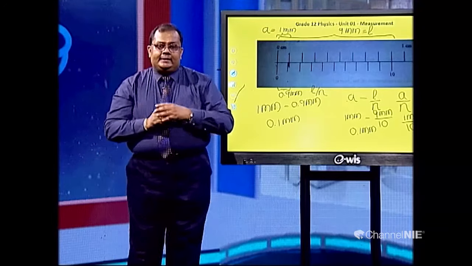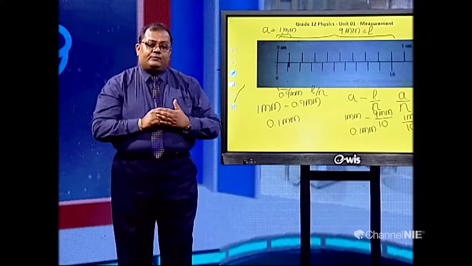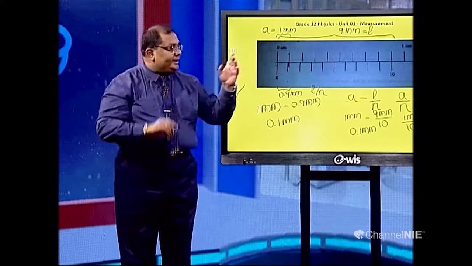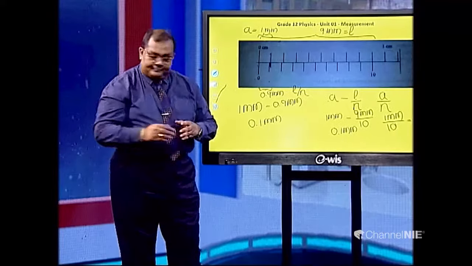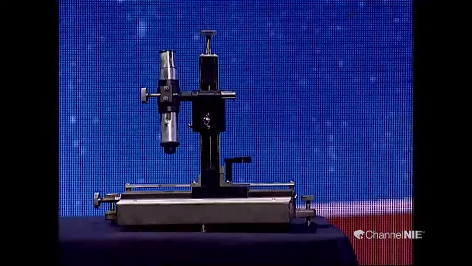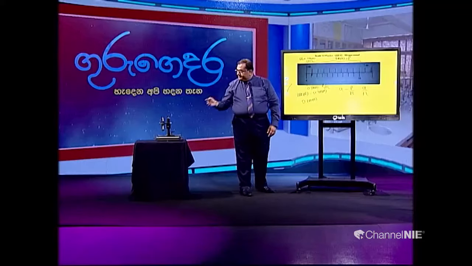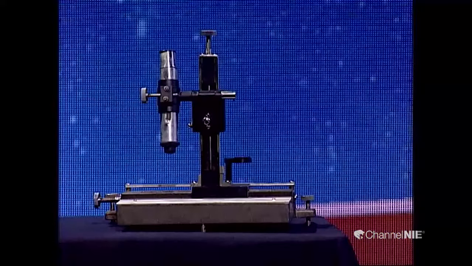Then in the travelling microscope vernier, we have 24.5 millimeters in the main scale. In the normal travelling microscope we have 0.5 millimeters least count of the main scale.